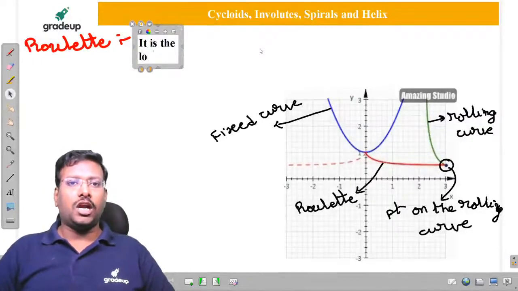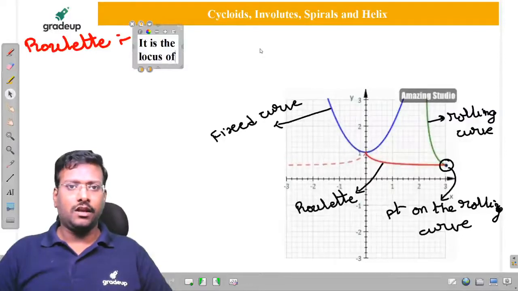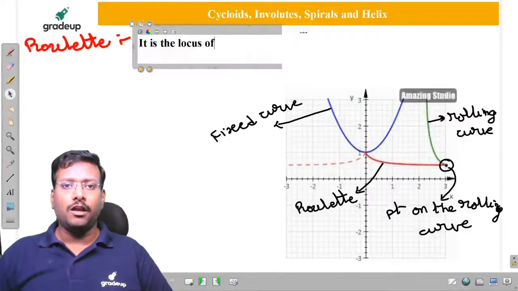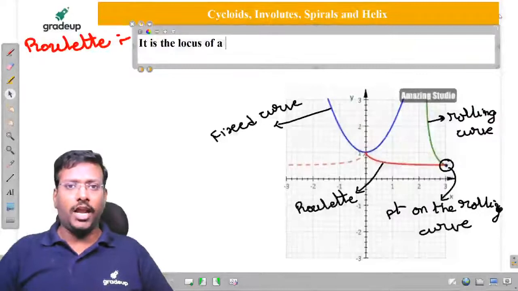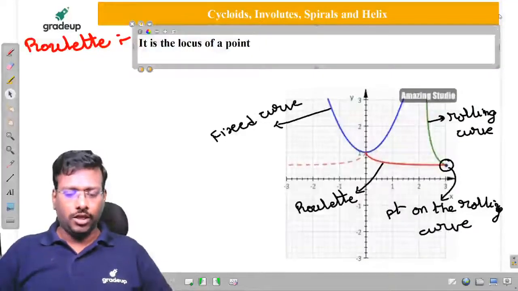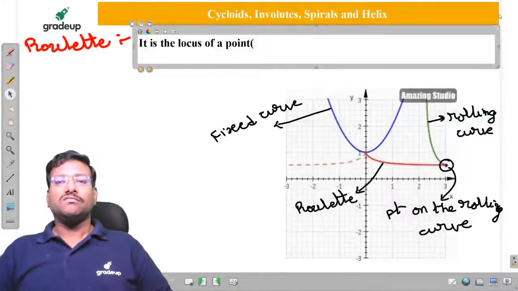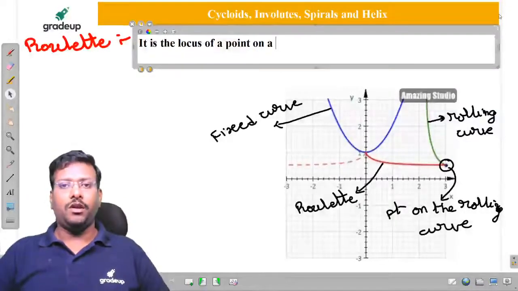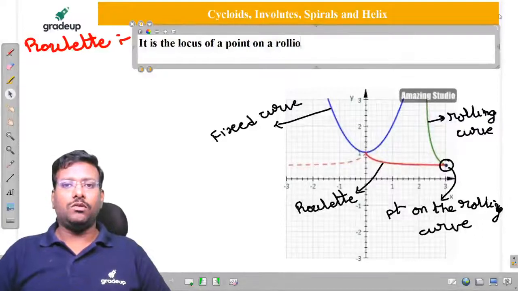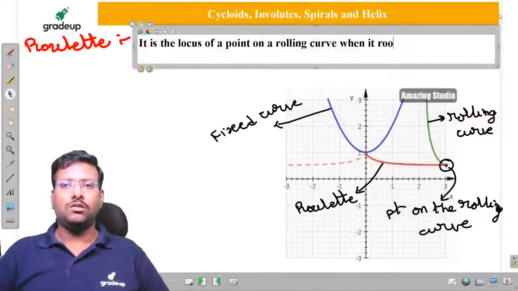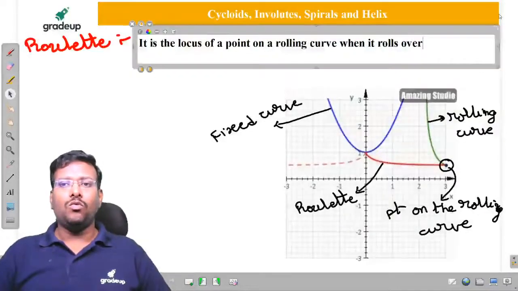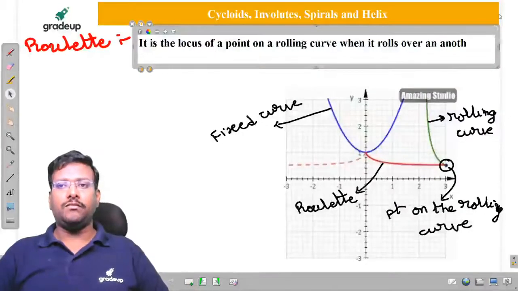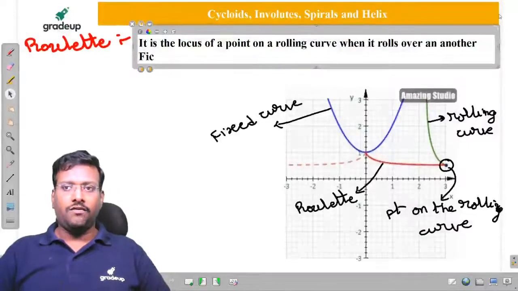It is the locus of a point on a rolling curve when it rolls over another fixed curve.